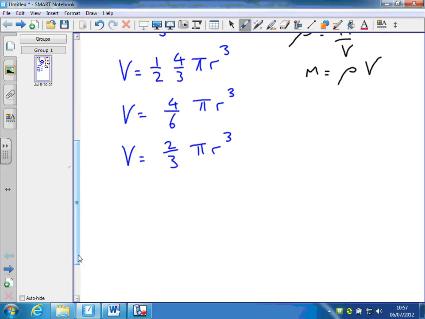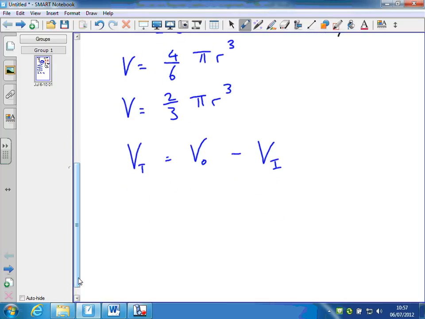Now to get the volume of this container, we need to consider that the total volume equals the volume of the outer hemisphere minus the volume of the inner hemisphere. So we can write that the total volume equals 2/3 pi times the outer radius cubed, minus 2/3 times pi times the inner radius cubed.